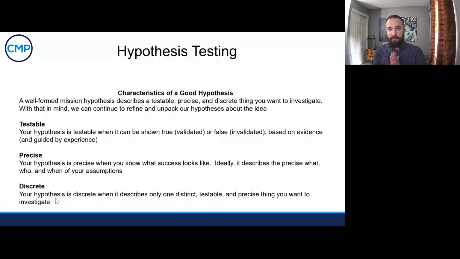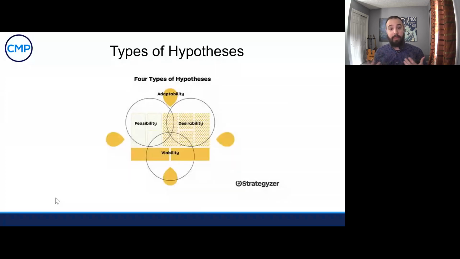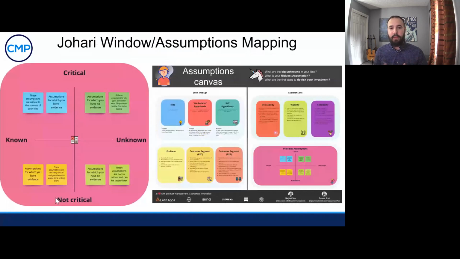Now, this is something called the Johari window, or what I like to call assumptions mapping. If you want to go through the history of the Johari window, you can absolutely do that. But in a lot of ways in the lean and H4 environments, it has been pivoted so that you can take what is traditionally a psychological tool and use it for assumptions mapping. I'm going to walk you through how to do this.